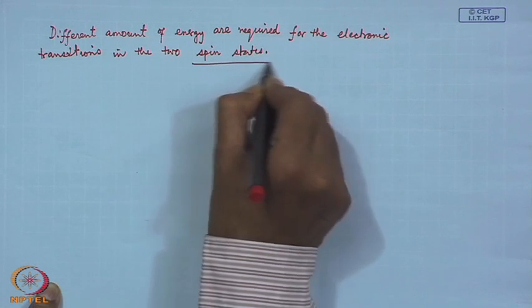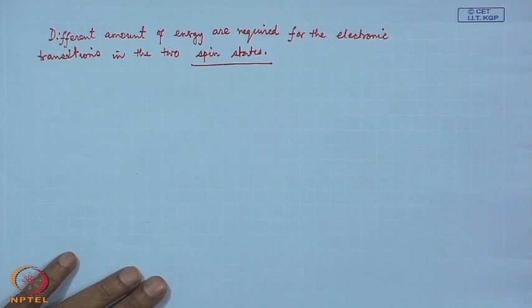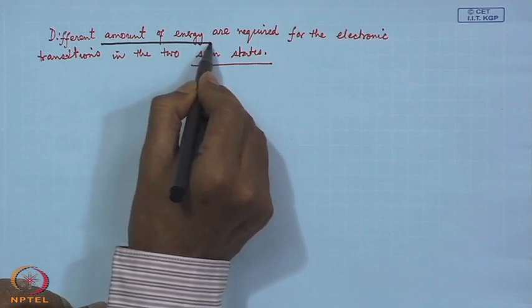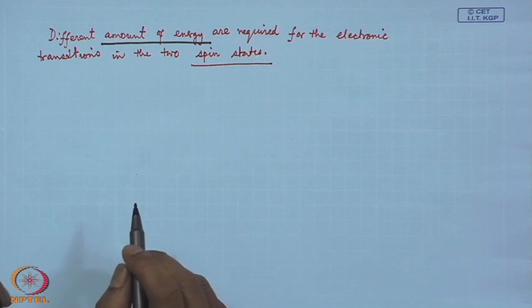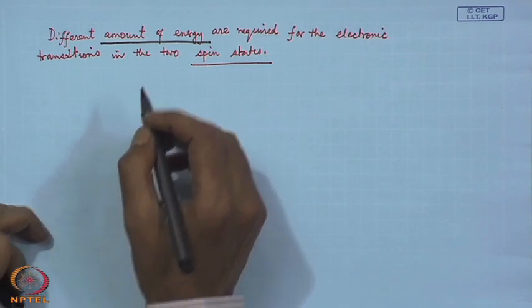So, if we have two spin states, one is low spin and another is high spin, so definitely their corresponding lambda values would be different. So, that basically gives us the corresponding idea for these transitions.